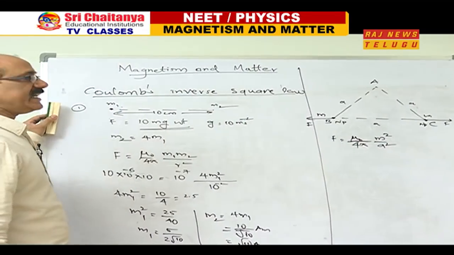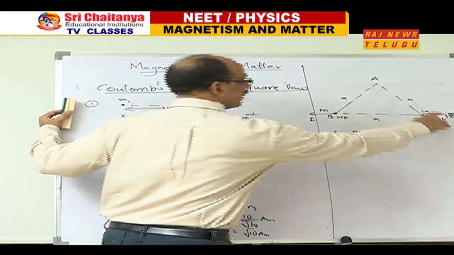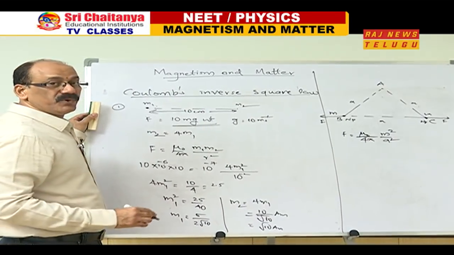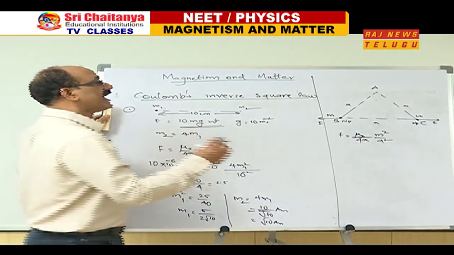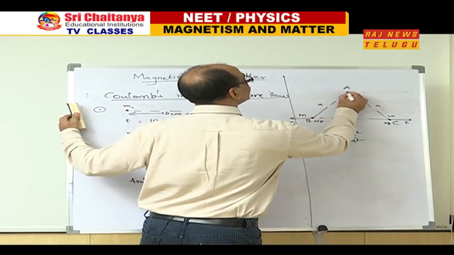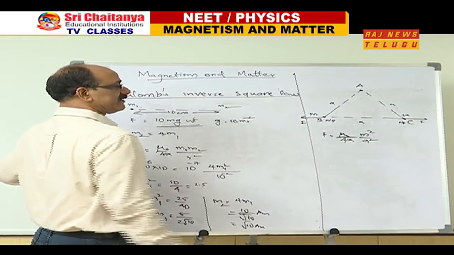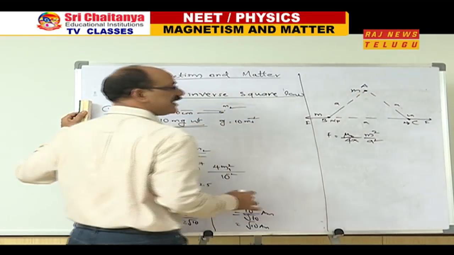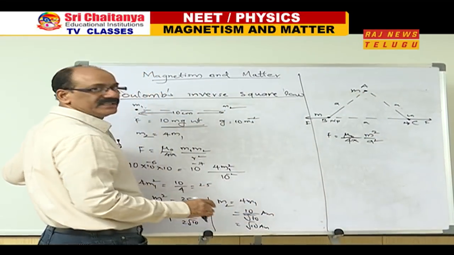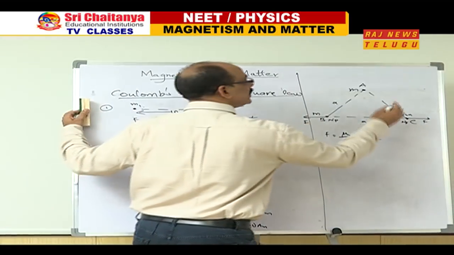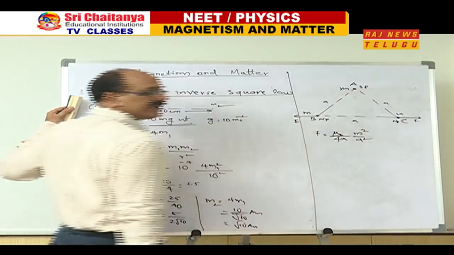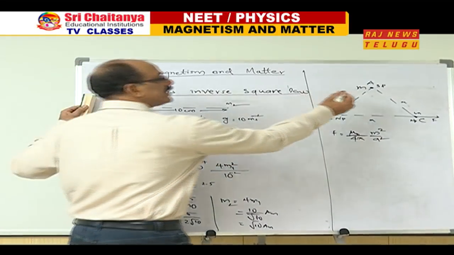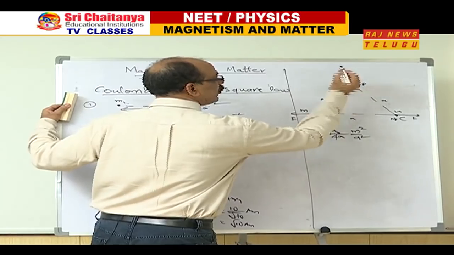Now, if a third identical pole, this is what is given as data, if a third pole of same strength but of unlike polarity is placed at the third vertex, that is at vertex A a pole of pole strength M is placed but of unlike polarity. If these are north poles each, then we have to say it is south pole. Now, what is the force on this south pole?